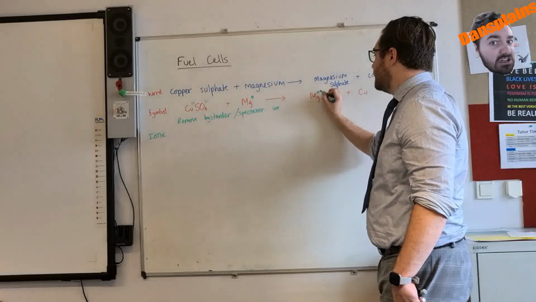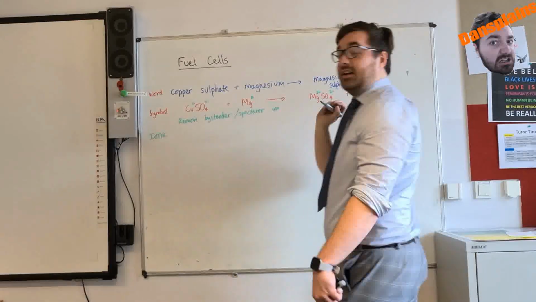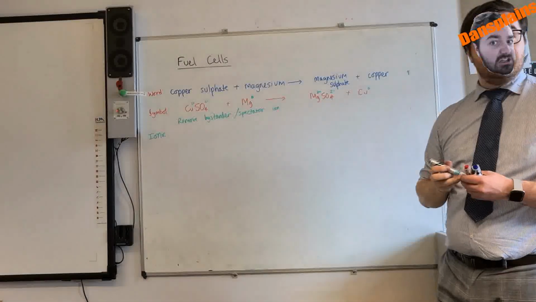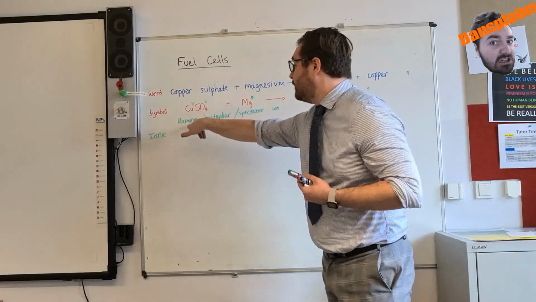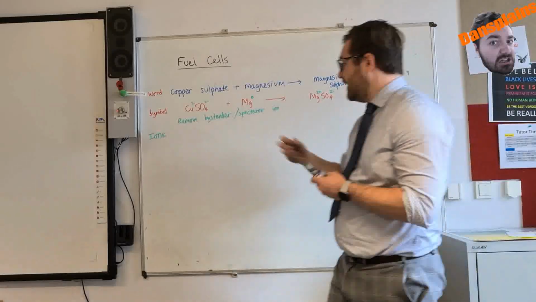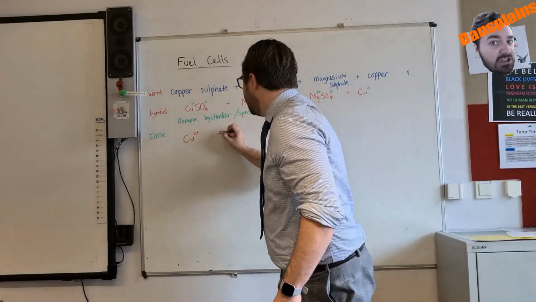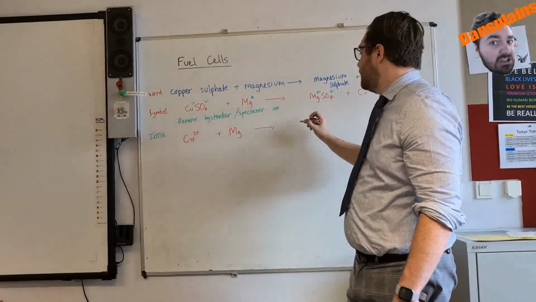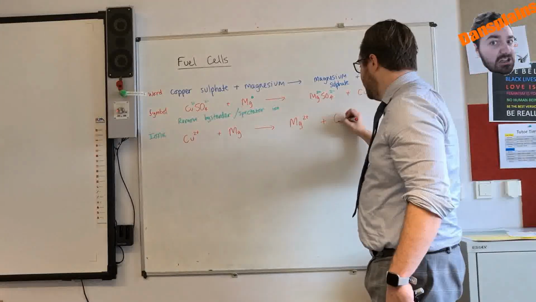Magnesium now becomes 2+, so it's changed. Sulfate becomes 2-, so it doesn't change. And copper becomes 0, so it has changed. So in this situation, the only thing that has stayed the same, the bystander, is the sulfate. So I have Cu2+ plus Mg, which is neutral, 0, goes to Mg2+ plus Cu.